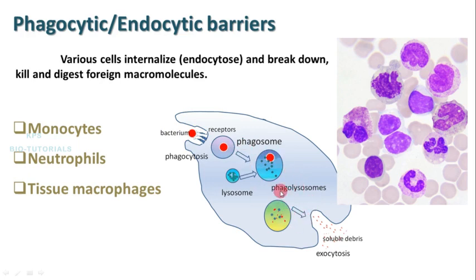And in this way, the phagocytic cells are destroying the pathogens. So this is also a type of innate immunity, phagocytic or endocytic cells.